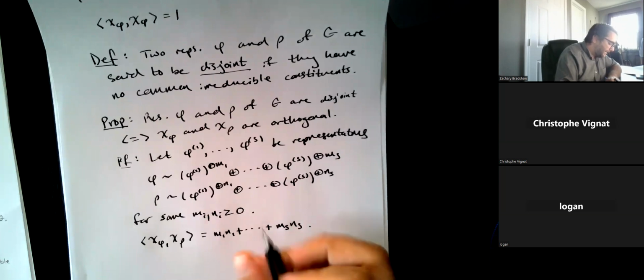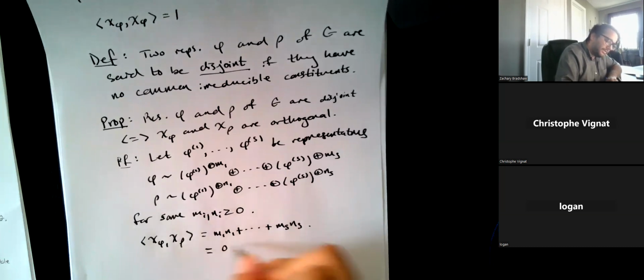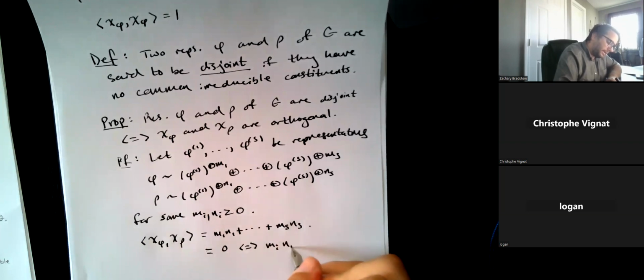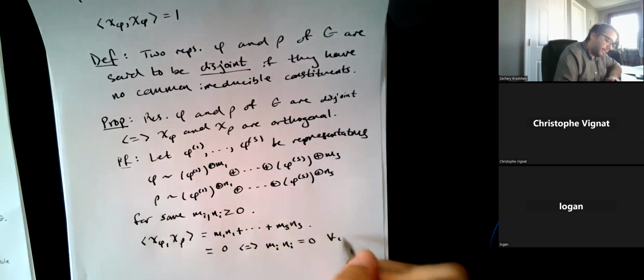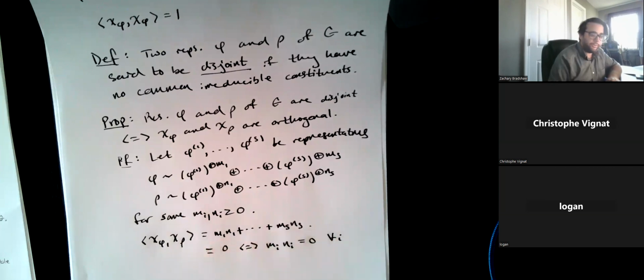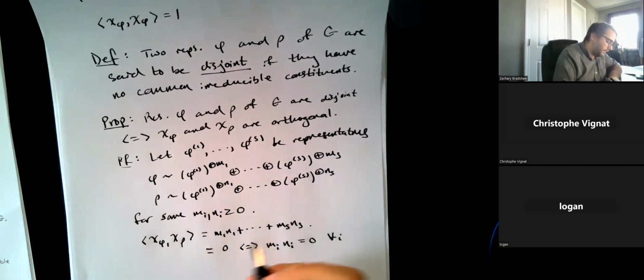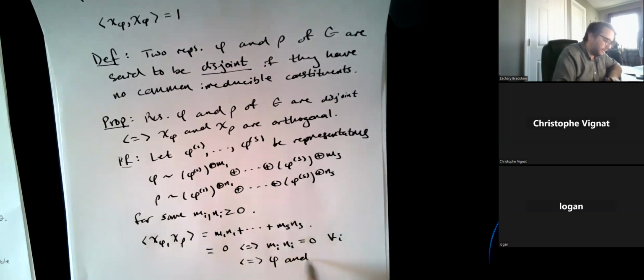And the right-hand side is 0 if and only if m_i n_i is equal to 0 for all i, because these things are all non-negative. And then that's true if and only if phi and rho are disjoint.